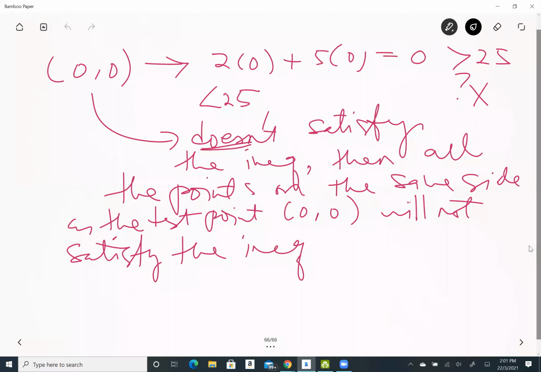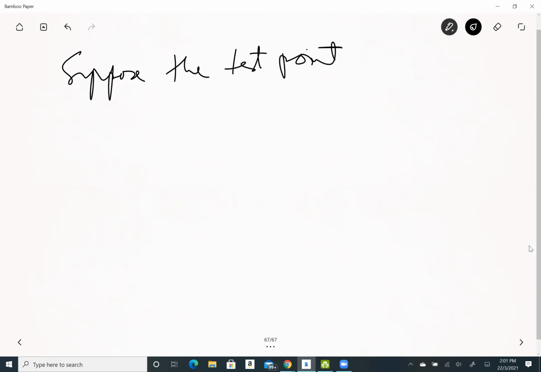Now, suppose we take a second possibility. Suppose the test point that you test does not satisfy the inequality.